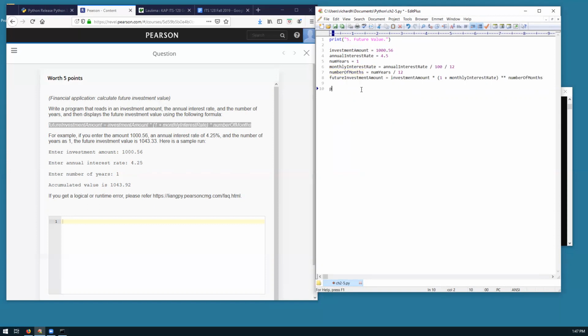So I can print accumulated value is whatever this is. Future investment amount times 100 divided by 100.